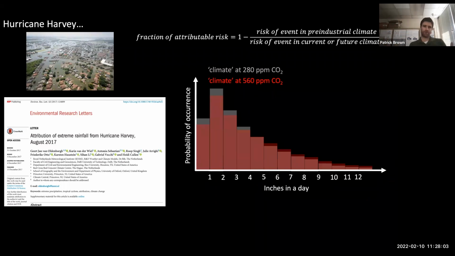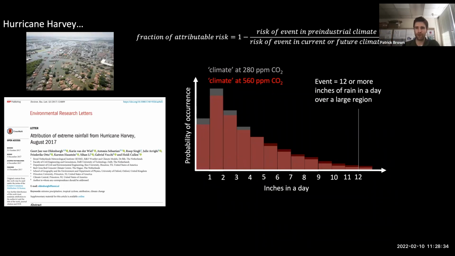And the way that they define the event of Hurricane Harvey is they pick out the end of the rainfall probability distribution. And they say, okay, this point here, this threshold, is how much rain we saw for Hurricane Harvey. And so we're going to define our event as this much rainfall or more.